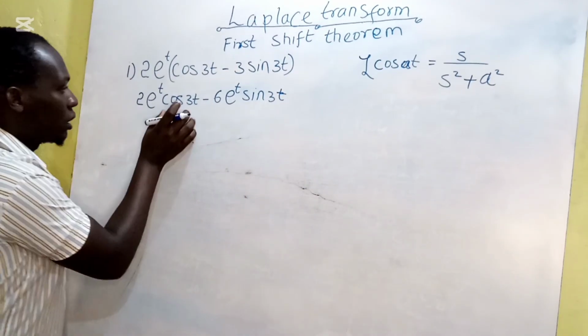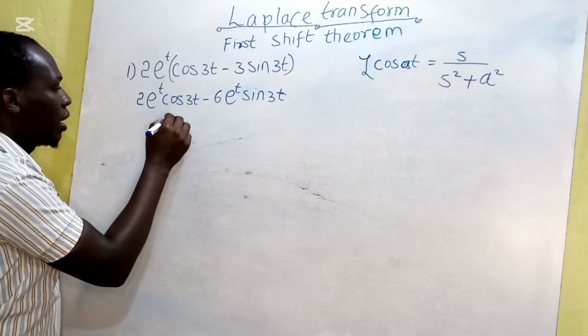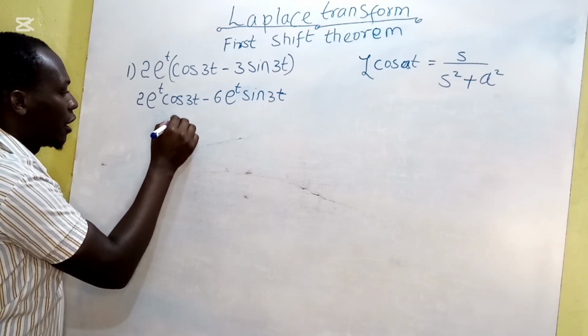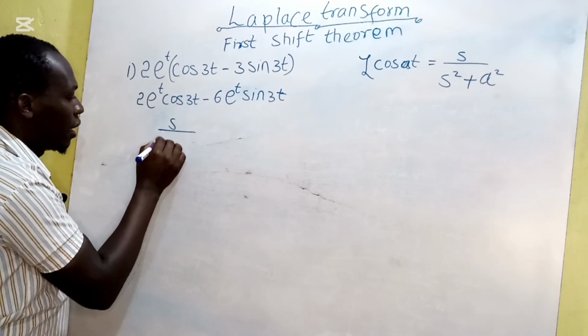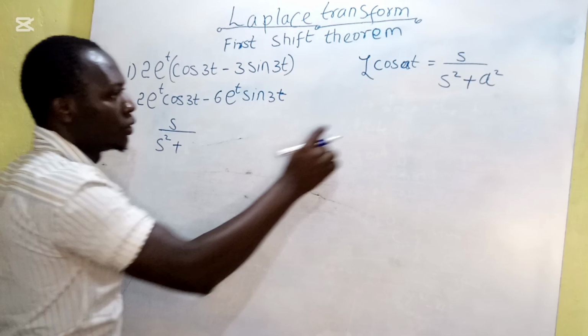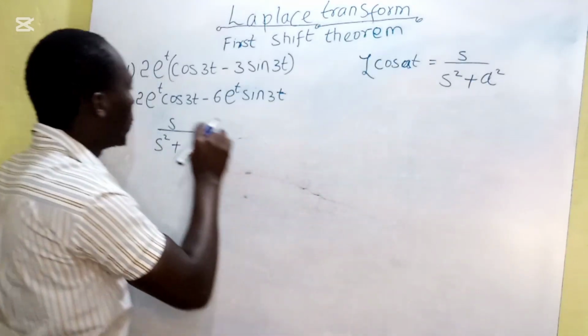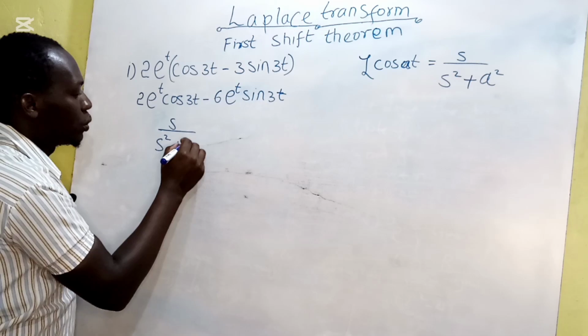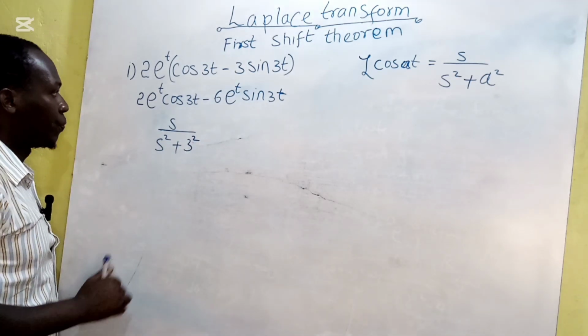To mean that when it comes to our function here, cos 3t, we are going to have s all over a squared, we come and add to a squared. But our a is equals to 3, so we are going to have 3 squared.